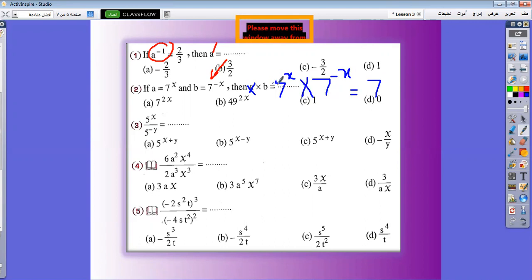You are multiplying, so add the powers, so it will be x plus negative x. Positive by negative equals negative, so it will be x minus x. So 7 power x minus x. Any number minus the same number, x minus x is 0. So it will be 7 power 0. 7 power 0 equals what? Yes, excellent, equals 1.